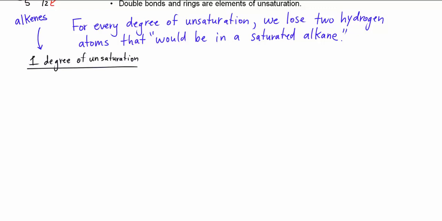Alkanes are completely saturated. Alkenes are unsaturated. So what would constitute 1 degree of unsaturation? We can have a case of 1 double bond, and that would constitute a degree of unsaturation. 1 ring would also constitute a degree of unsaturation.